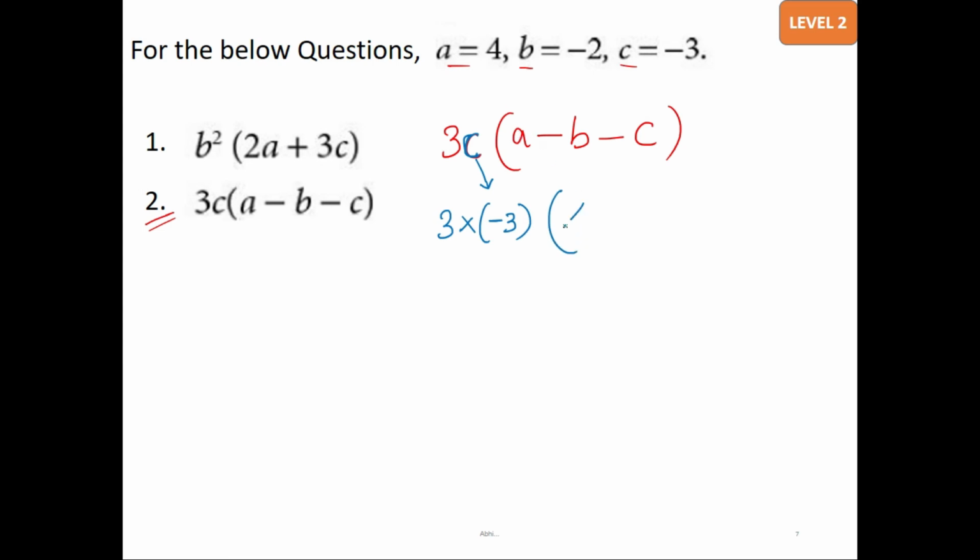A is 4, so I'm replacing A with 4, minus, now B here is negative 2, so I'm going to open a bracket. Wherever I have a negative term, I make it a habit to put a bracket. Minus, so my B is fixed, and my C is negative 3. Again, I have a negative value, I open the bracket, so that's it. My C is negative 3.